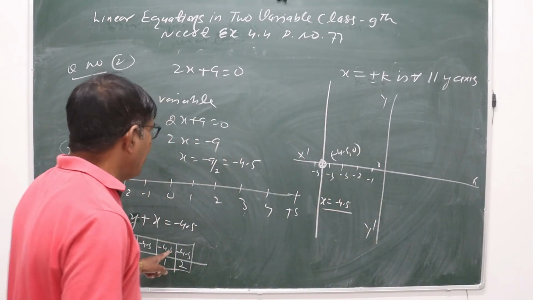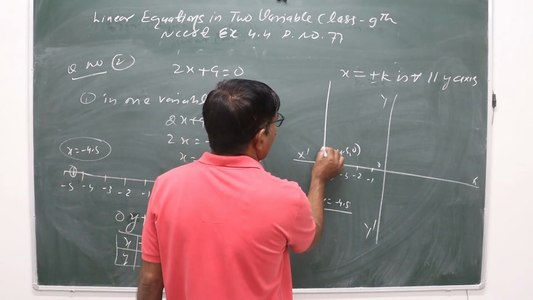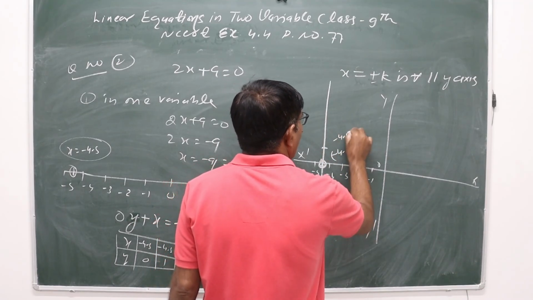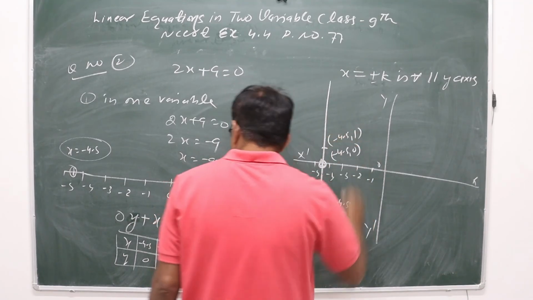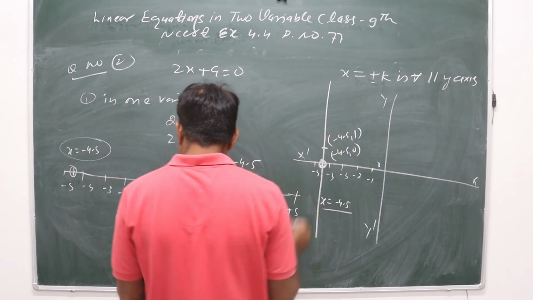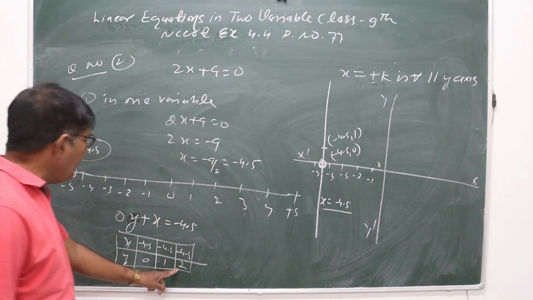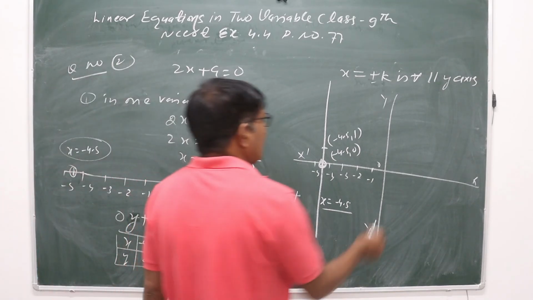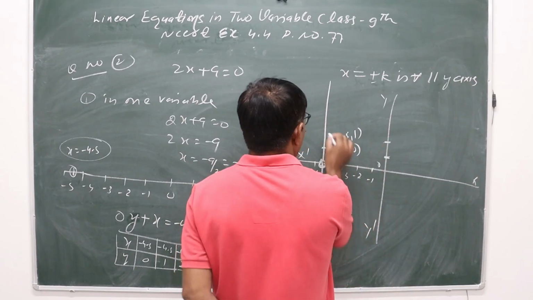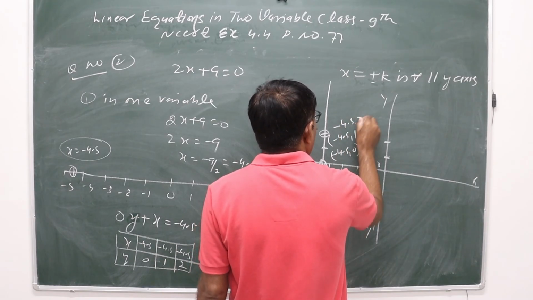When the value of x is minus 4.5, then the value of y is 1. So this point will be minus 4.5, 1. Then when x is minus 4.5, what is the value of y? It is 2. At x equal to minus 4.5, the value of y is 2. So this is 1 and 2, and x is minus 4.5. So this is the point minus 4.5, 2.